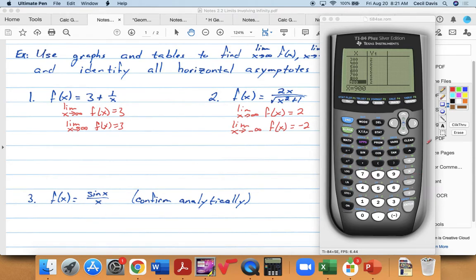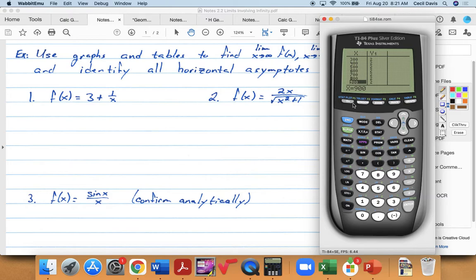Sine of x over x. It's a straight line. All lines are straight, Irfan. There's no such thing as an unstraight line unless you're dealing with non-Euclidean geometry. From my perspective, it's a straight line.